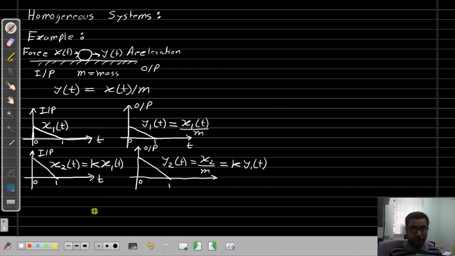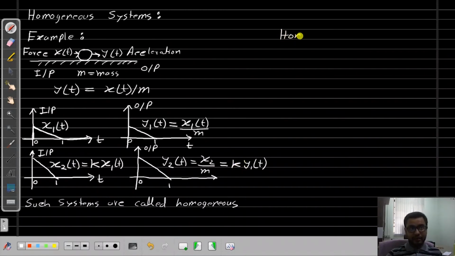Such systems are called homogeneous, where if you increase the input by some constant number, output will also increase by the same constant number. If you make input double, output will also be double.